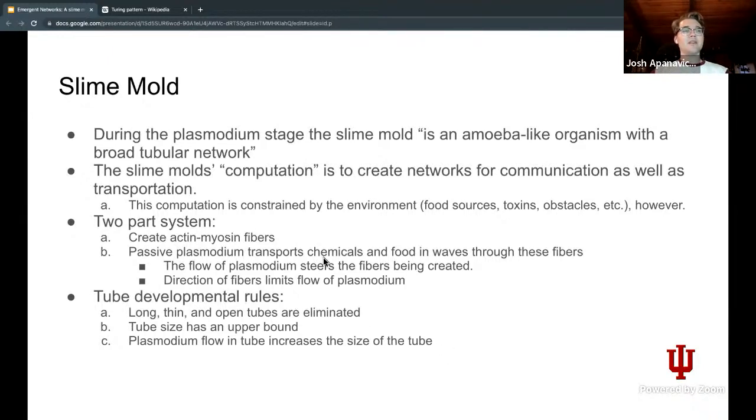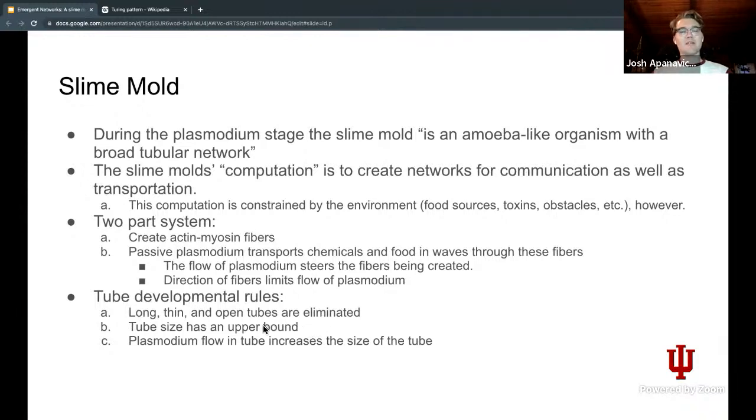And so as it's creating these tubular networks, there are some developmental rules. Namely, the more food a fiber or a tube gets, the thicker it'll be. So essentially long, thin, and less connected tubes are the tubes that don't lead to any food, so it will try and minimize those.